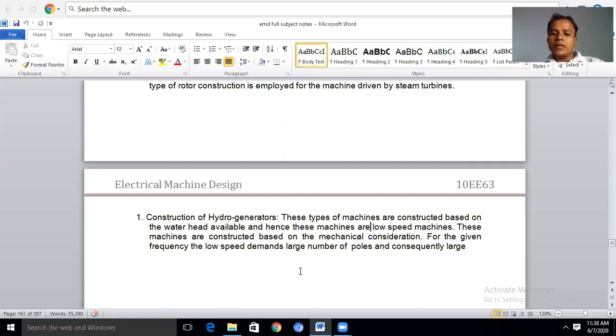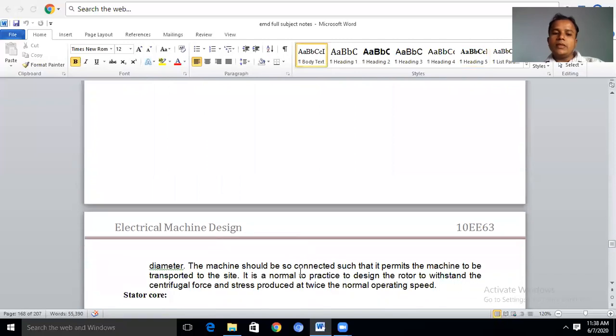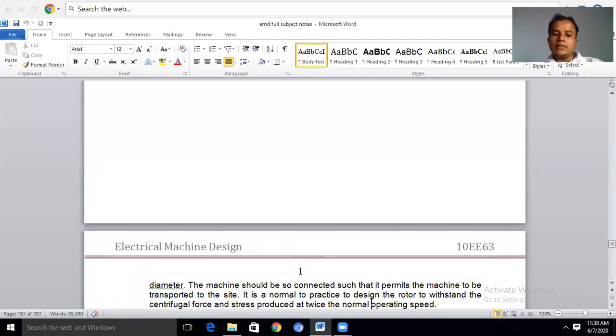For the given frequency, the low speed demands a large number of poles. For example, Ns is equal to 120 f by P, so f will be N into P divided by 120. If the frequency is constant and the speed is low, then the number of poles should be large, and consequently the diameter of that machine will increase.